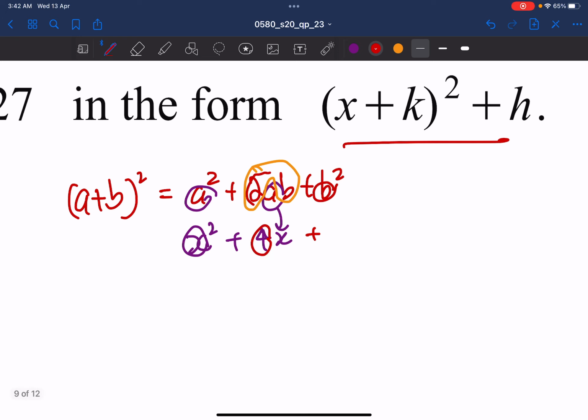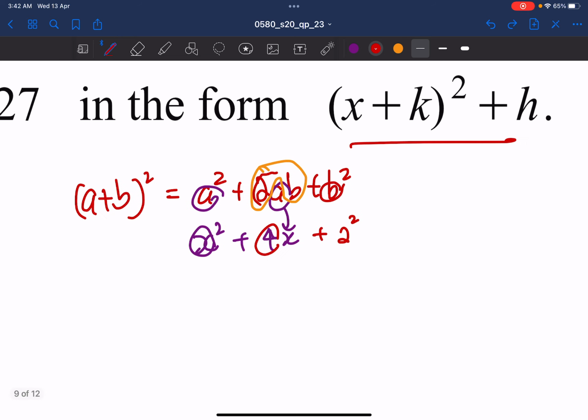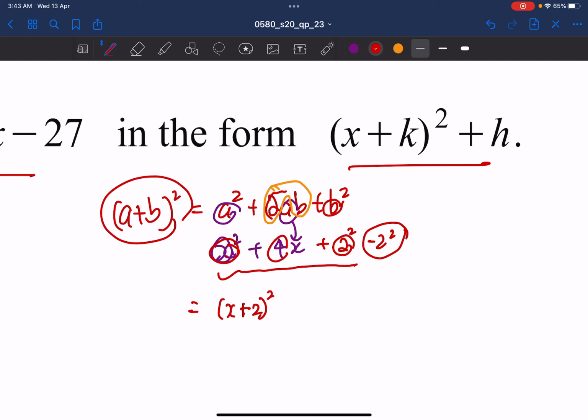So we take half of 4, we get 2, and add its square, right? But we cannot suddenly add a term. This will change the value of the whole thing. So we need to minus it back to maintain the balance. So the first three terms will give me x plus 2, the complete square, minus 4.